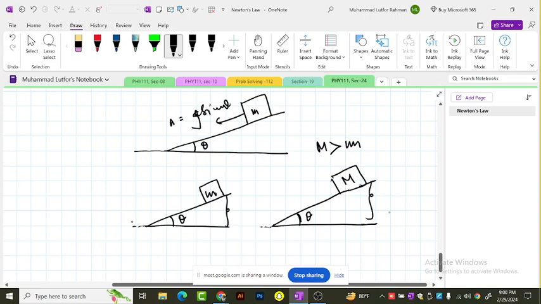Can anyone tell me? If I release these two systems, they'll fall at the same time. Is there any other answer rather than this? They will fall at the same time, I guess, according to Galileo's law. According to Galileo's law?